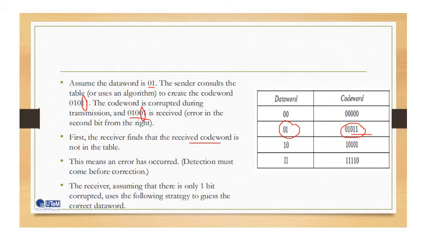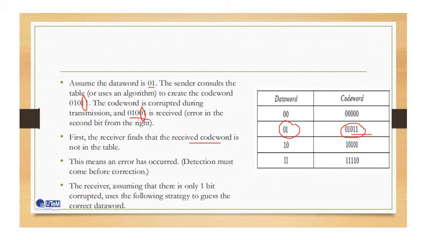First things first, the receiver needs to identify whether the message contains an error or not. So that is error detection. It must come first. Once the error has been detected, it needs to be corrected. To correct the error, the receiver needs to know the location of the error.